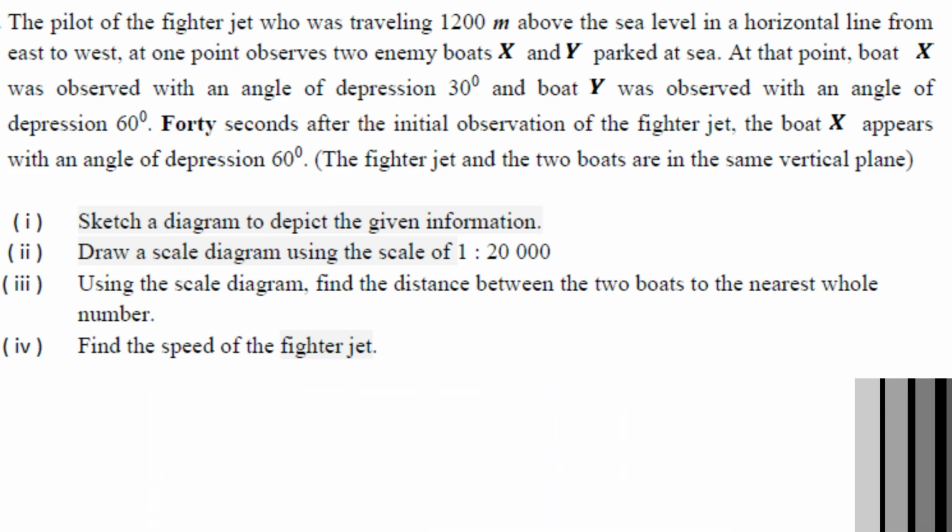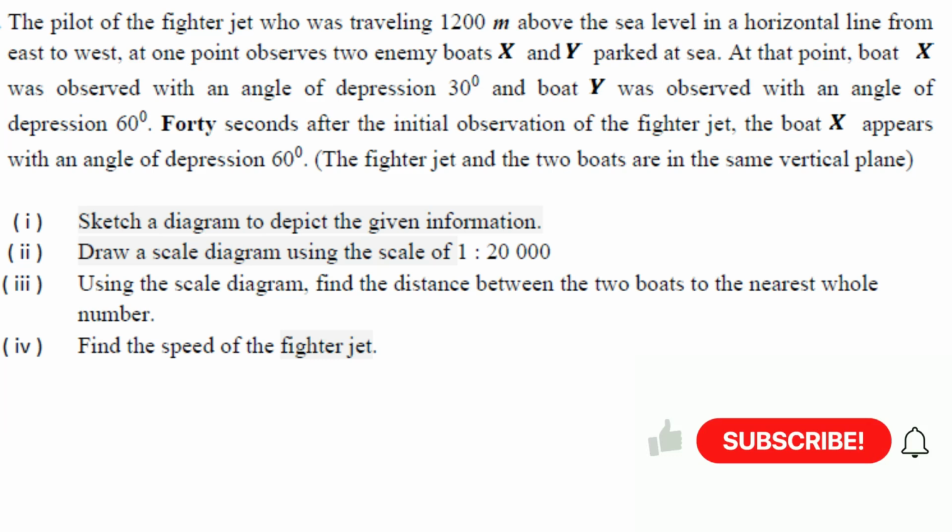The pilot of the fighter jet, who was traveling 1,200 meters above the sea level in a horizontal line from east to west, at one point observes two enemy boats, X and Y, parked at sea.